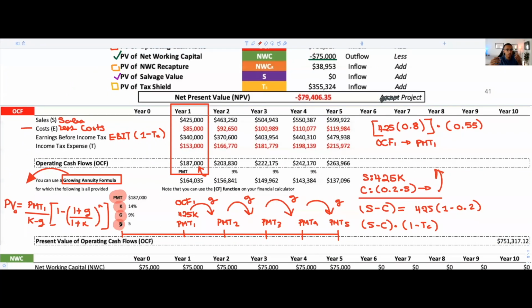So just like that, you're able to solve for the present value in seconds. And you would notice that the present value is equal to 751,317.12. Now, I tried to walk through this with you just because I wanted to make it really clear that this is exactly what we were doing when we were looking at the time value of money chapter.